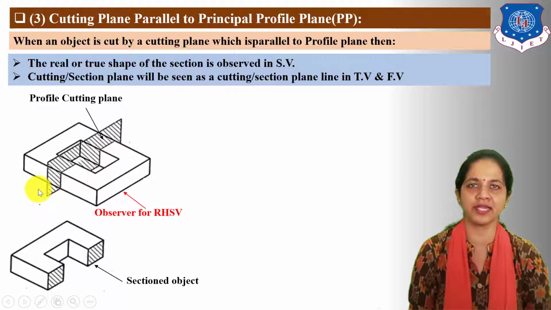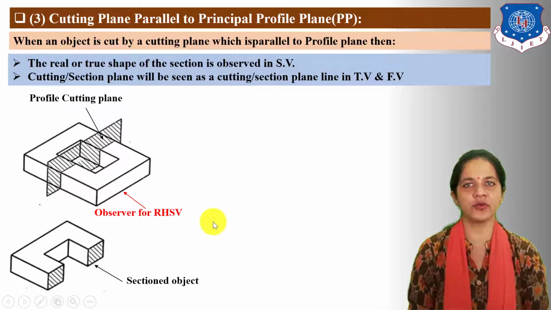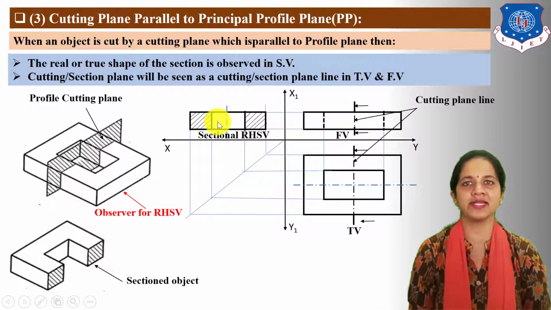Next, let us understand the front view, top view and right hand side view of this 3D object with reference to XY. Here the front view is drawn above the XY line, the top view is drawn below the XY line, and the right hand side view is drawn on the left side of the front view.